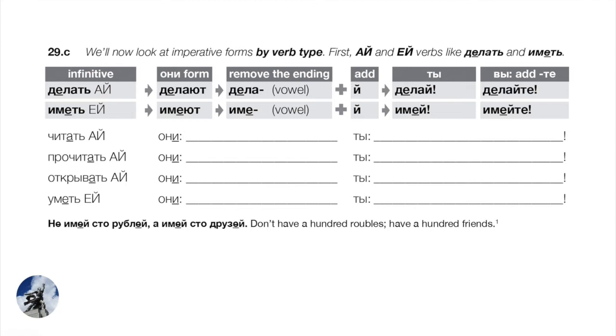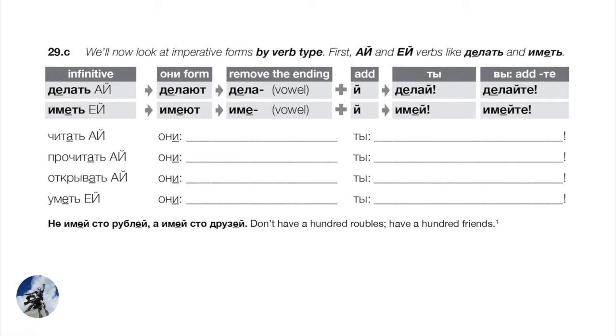Okay, so here are some i and ye verbs. These imperatives are going to look just like the stem, meaning they're going to end in i or ye, right? So делать gives делай, иметь gives имей, and with that, I think we can just go straight to the imperative. Читать gives читай, right? Read.